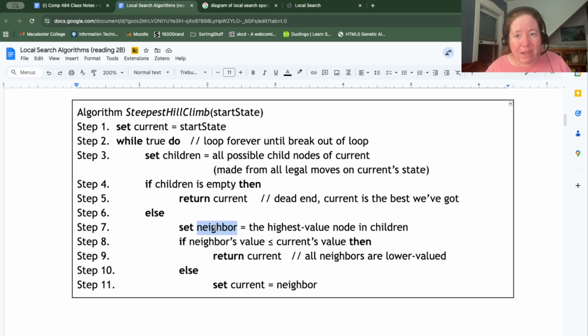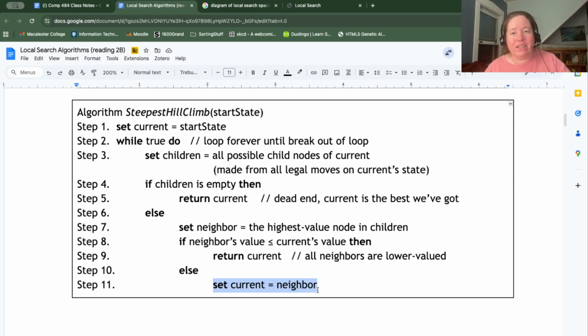And if the best neighbor is not as good as our current, then we want to stop the search and return the current because we've found a maxima. On the other hand, if the neighbor is better than the current, we go to the else and it becomes our current and we go on from there.